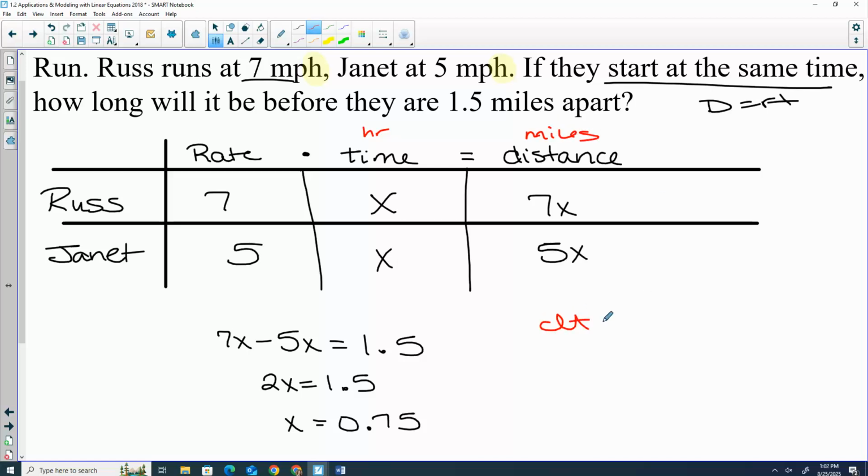So it will take 0.75 hours or 3/4 of an hour or 45 minutes if you want to do that conversion. How do you convert 0.75 hours into minutes? Multiply by 60. Any of those options would be fine with me as long as it's equivalent.